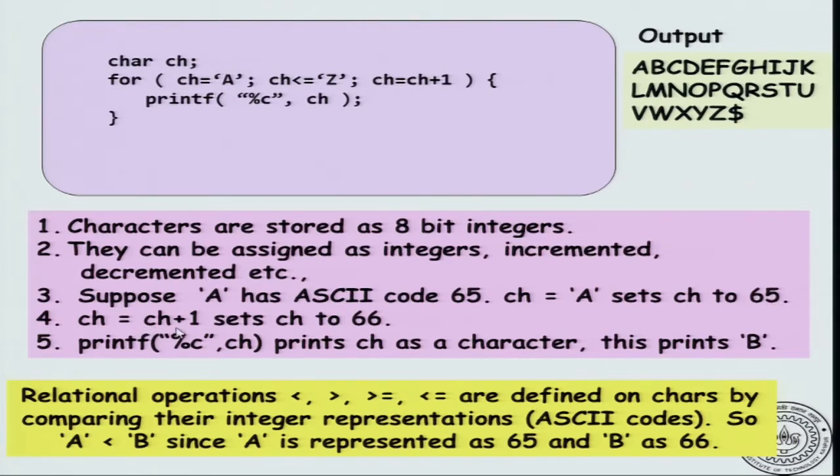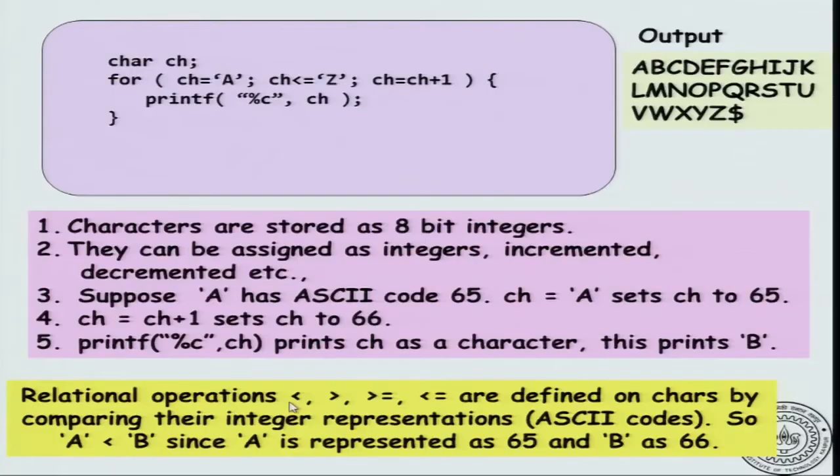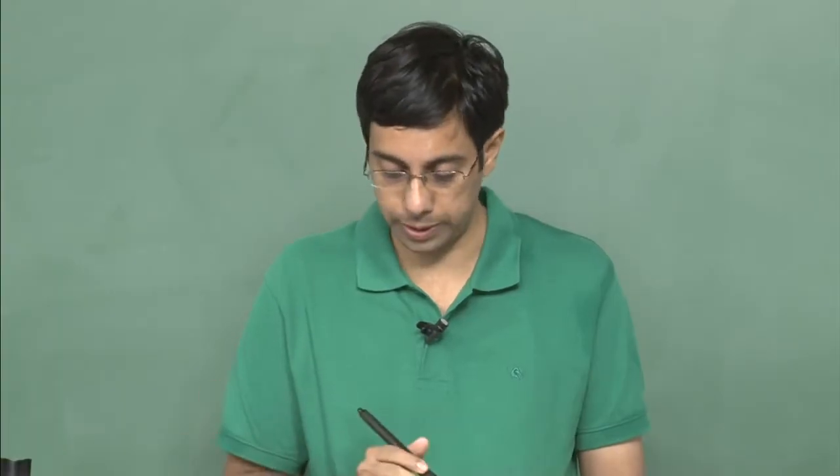Now ch plus 1 is the number 66, which corresponds to the ASCII code of B. So addition, subtraction, all these can be performed on character values, because internally they are represented as 8-bit integers. Similarly, relational operations like less than, greater than, less than or equal to, greater than or equal to, all of these also make sense.